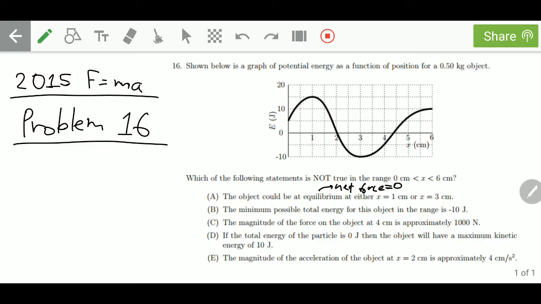And now in this case, we're just concerned about force, and since net force is 0, what is the force? Force is negative the derivative of the potential.